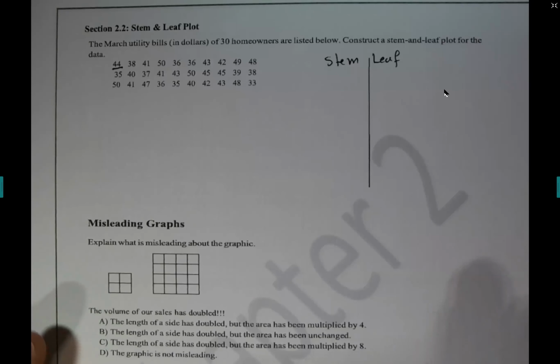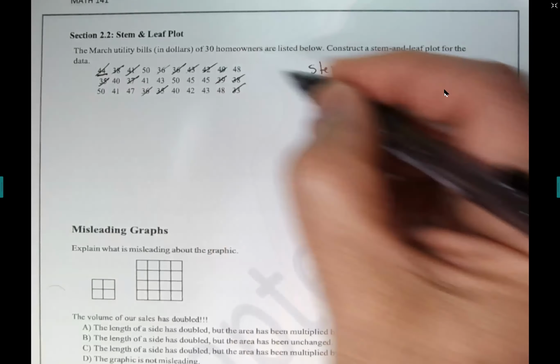That's a 4. A 1. A 3. A 2. A 9. 8. A 0. A 1. A 3. 5 and 5. Oh, I'm running out of room here. And 1 and 7. 7. Then I have 0, 2, 3, 4.